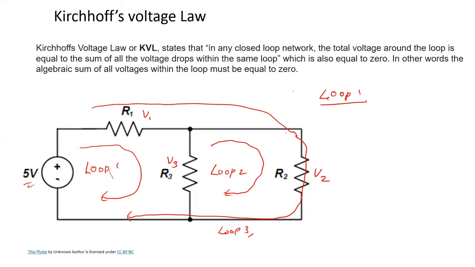In a battery you always have a negative plate and a positive plate. Current will flow from the positive plate to the negative plate. So here we give a positive polarity, here we give a negative polarity. Similarly, in this loop, I will give this as positive polarity and this as negative polarity.